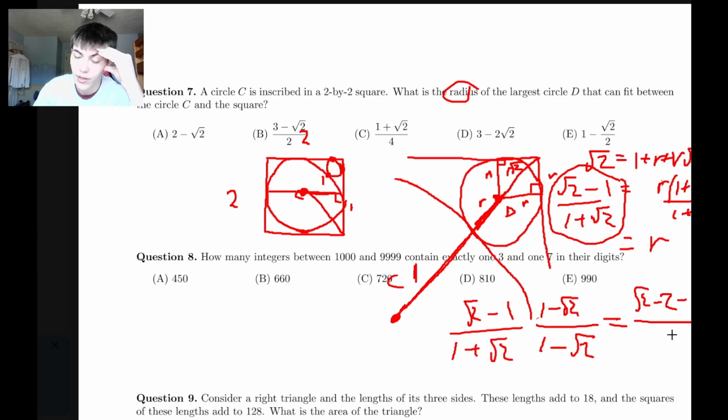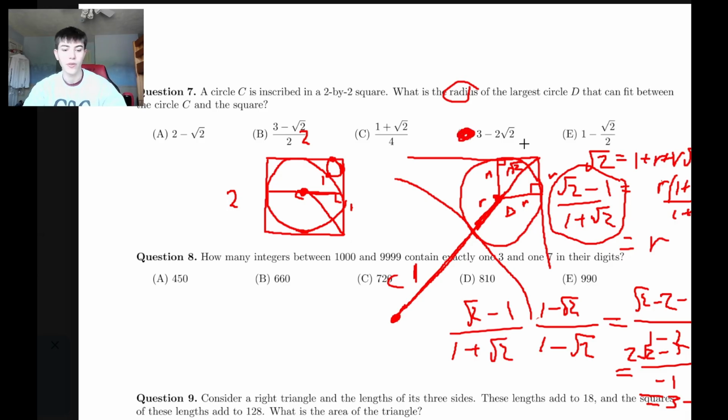And in the bottom, we're going to use the difference of squares to get 1 minus 2. So this is going to be 2 times the square root of 2 minus 3 over negative 1, which is also equal to 3 minus 2 times the square root of 2, which is D. So there's our answer.